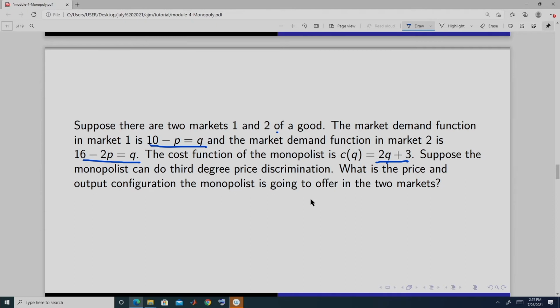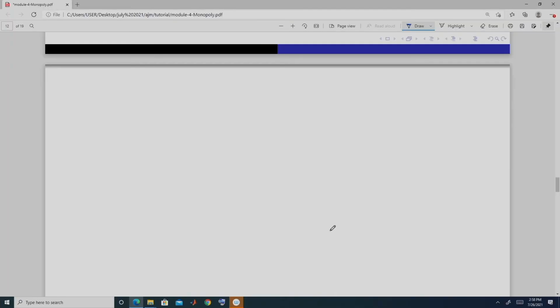It means that consumers in market 1 cannot go to market 2 and the consumers in market 2 cannot move to market 1. This is because of specific characteristics of the buyers, like old person and young person, students or non-students, or geographically different locations that are very far apart. Okay. Now, we will get this.